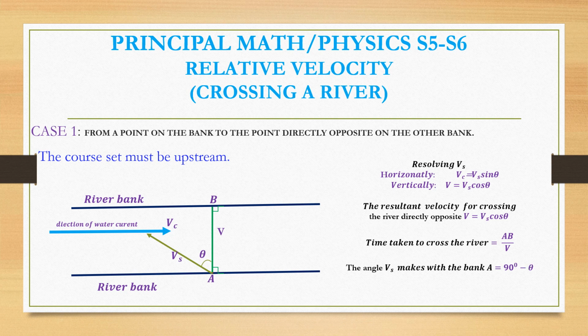So those are equations that will help us to harmonize those numerical questions. If you want to get the angle which the bank makes with the direction of velocity of the boat in still water, that is basically 90 minus the angle which the resultant velocity, or the relative velocity, makes with the velocity of the boat in still water.